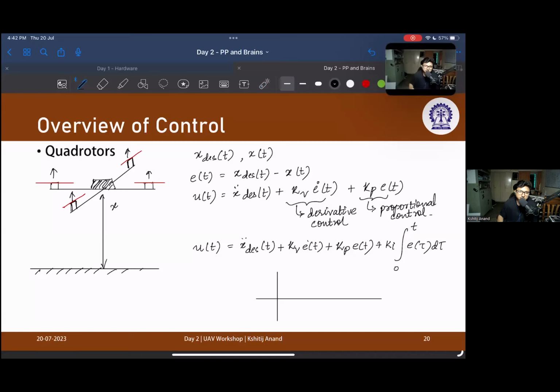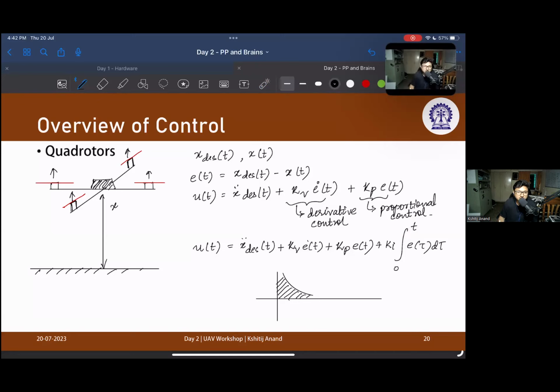That is, doodling is you keep making graphs and trying to. So let's say your error is reducing, okay, but the error is there, right? Your error is reducing, but your error is there. So what is going to happen? Your integral control is basically going to take this much of the area into its account.